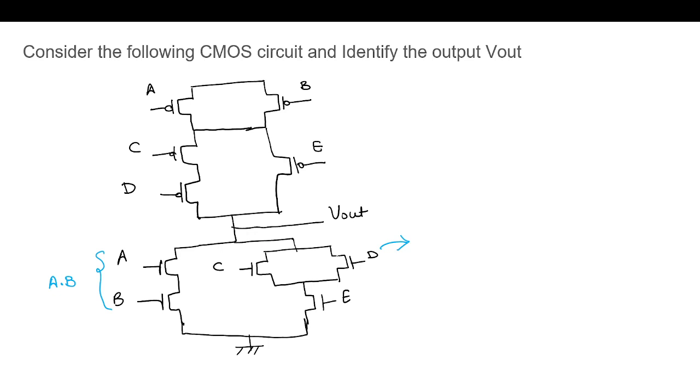And here if any one of C or D is on, it will connect to E, and when E is also on, it will connect to ground. So if either A B, or C plus D with E, is on, it will have a path to ground, not VDD. So it's complement.